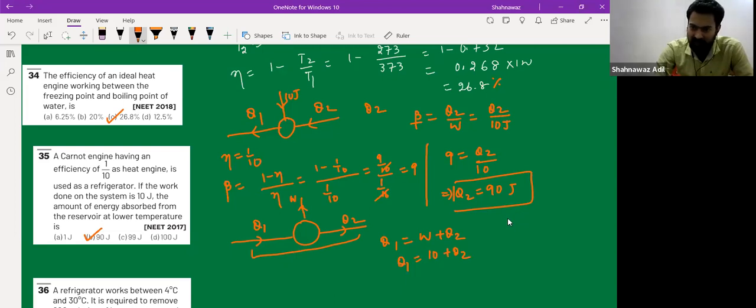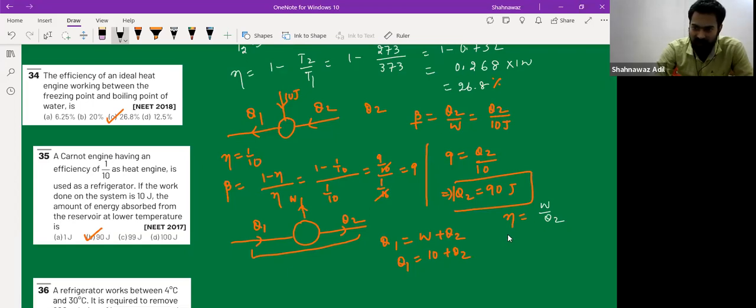So from this heat engine, we have 1 minus Q2 by Q1, or W by Q1.